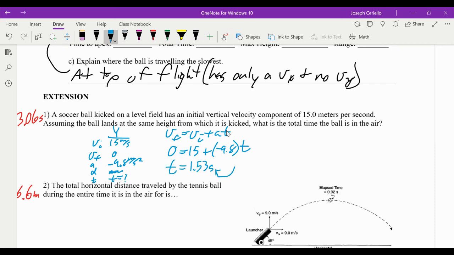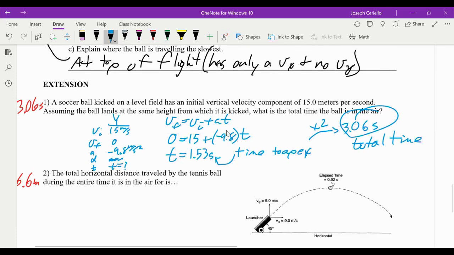But this is not the answer. This is the time to apex. So multiply it by 2, 3.06 seconds. That is the total time.